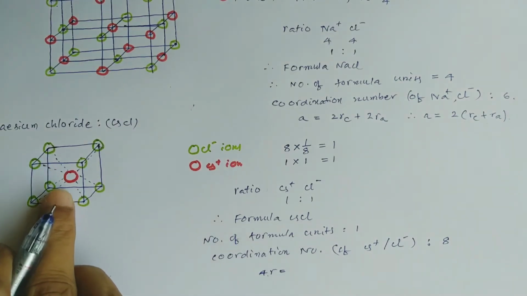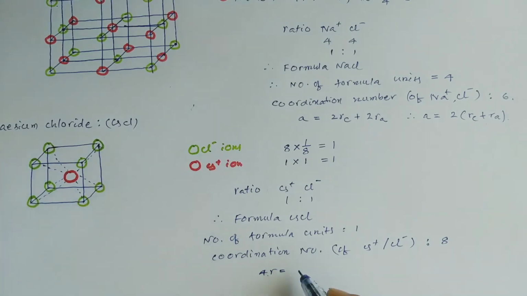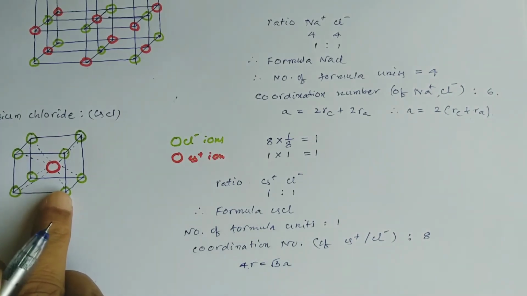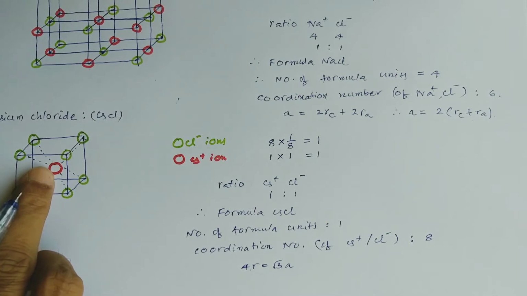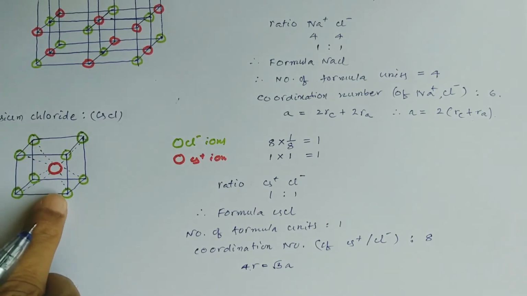you know the relation between body diagonal and edge length, so that will be equal to root 3a, right? So 4r is equal to root 3a, right? So here if you take 4 radii, 2 belong to cesium ion and 2 belong to 2Cl minus ion.